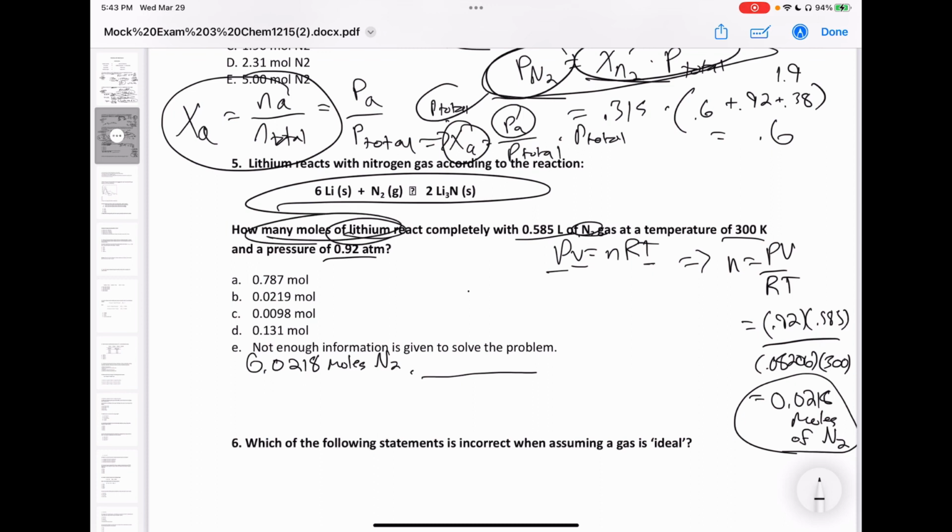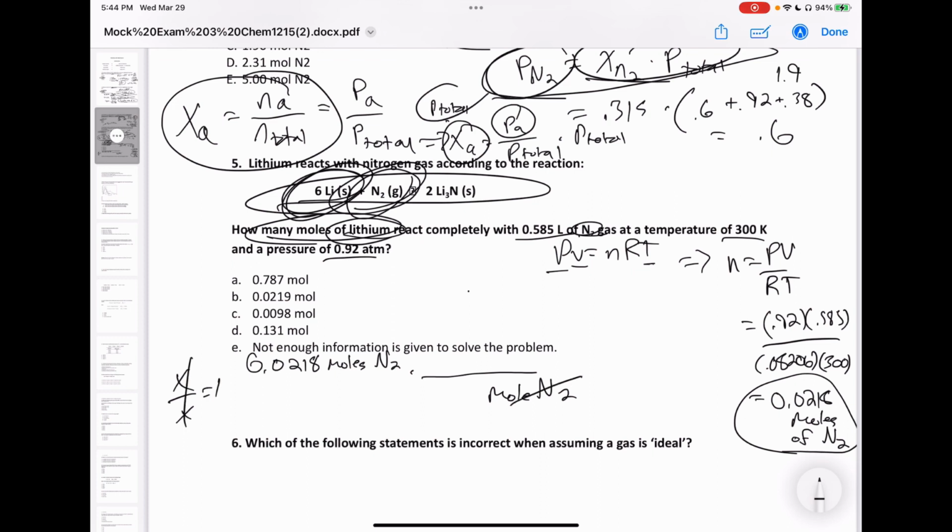And looking at the equation, the things that relate them are the stoichiometric coefficients. So for every 6 moles of lithium that react to form the 2 moles of lithium nitride, you also need 1 mole of nitrogen gas. So if we want these moles of lithium, and we have this N2, we want to put this moles of N2 on the bottom. It's like in math where you have x over x and that cancels out and you just get equal to 1.